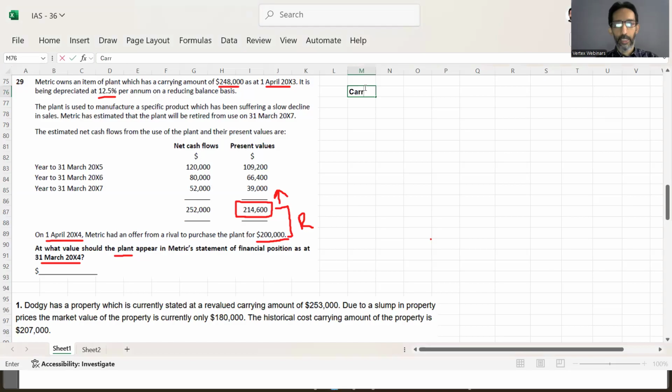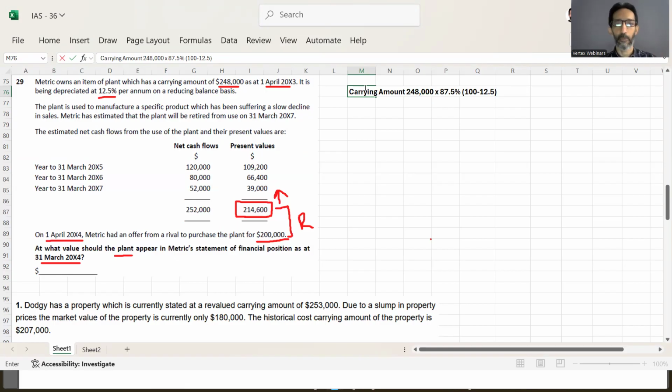So the carrying amount would be 248,000, that is the carrying amount for the previous year, multiplied by 87.5%, because the depreciation is 12.5%. If we take away the 12.5%, we're left with 87.5%.